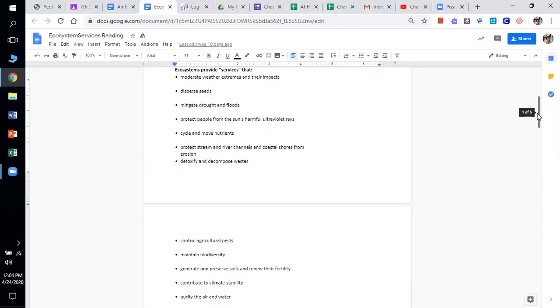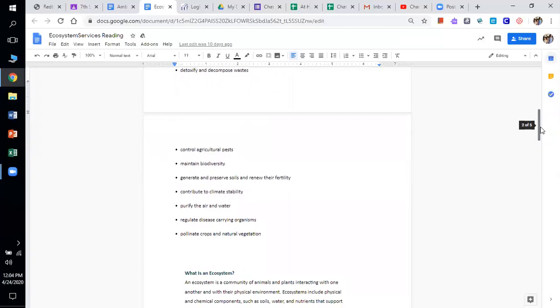So we have: moderate weather extremes and their impacts, disperse seeds, mitigate drought and floods, protect people from the sun's harmful ultraviolet rays, cycle and move nutrients, protect stream and river channels, detoxify and decompose waste. So you can list any of these and then you can explain them.